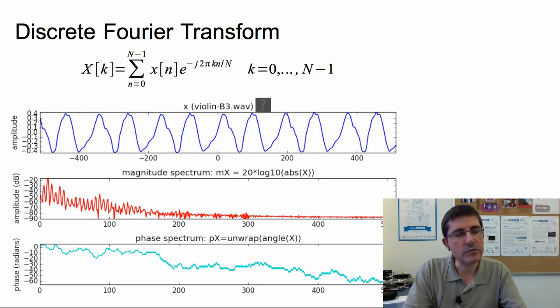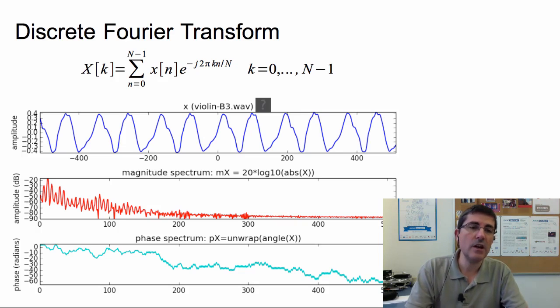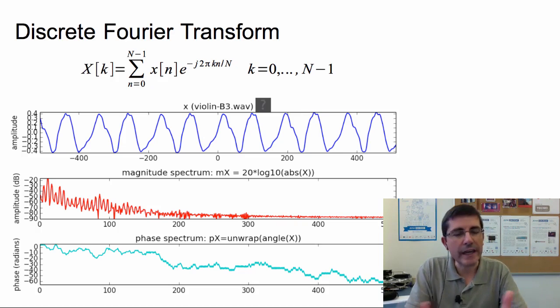So we see the magnitude and the phase spectrum. In the magnitude, we see the amount of each of the sinusoids present in the signal, and in the phase we are identifying the location of these sinusoids with respect to time 0.